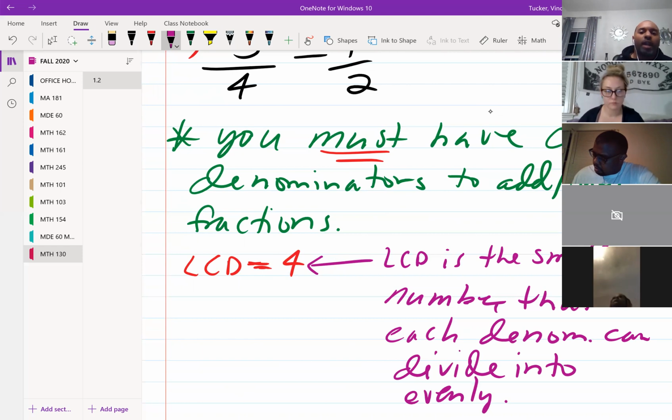So you see that 4 and 2 can divide into 4. So it's not about what can divide into them, it's about what they can divide into. What's the smallest number that both of them can divide into evenly?